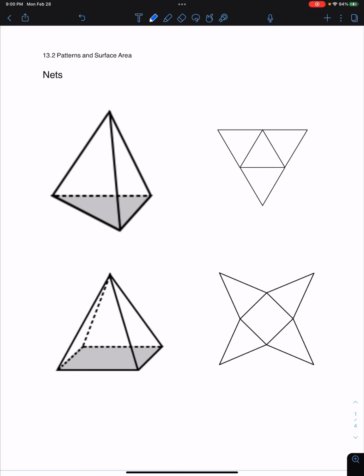This triangle in the center here that I'm coloring in would be the same as the base of the triangular pyramid here, the three-dimensional shape. And it's hard to see this because it is in 3 dimensions and I'm drawing in 2 dimensions, right? So that's kind of why we flatten out the net when we're trying to find surface area.